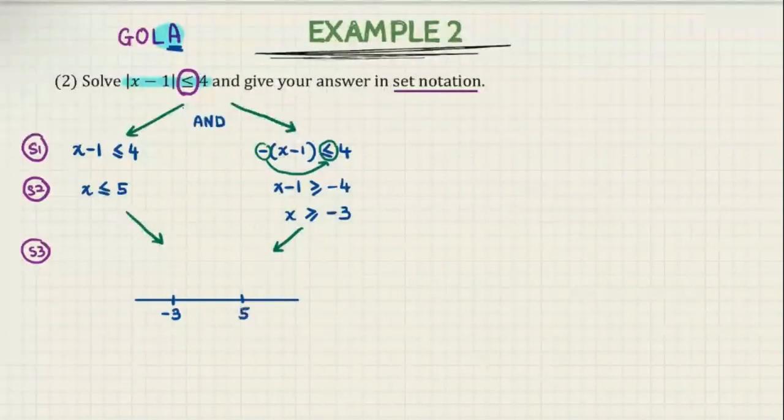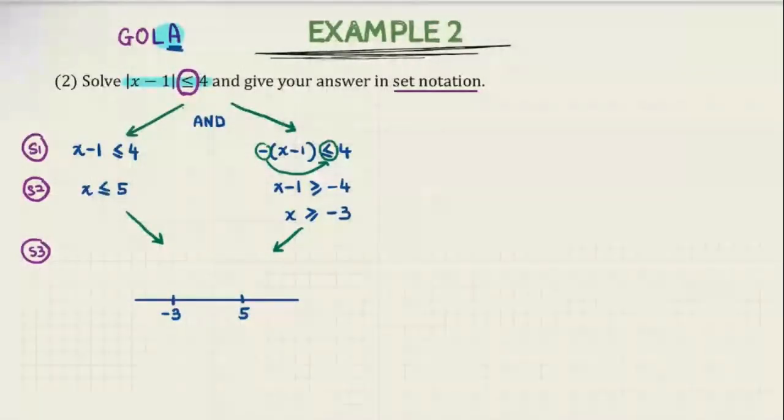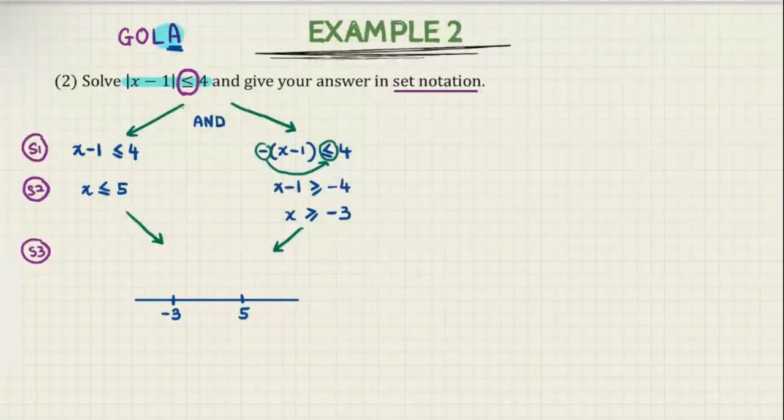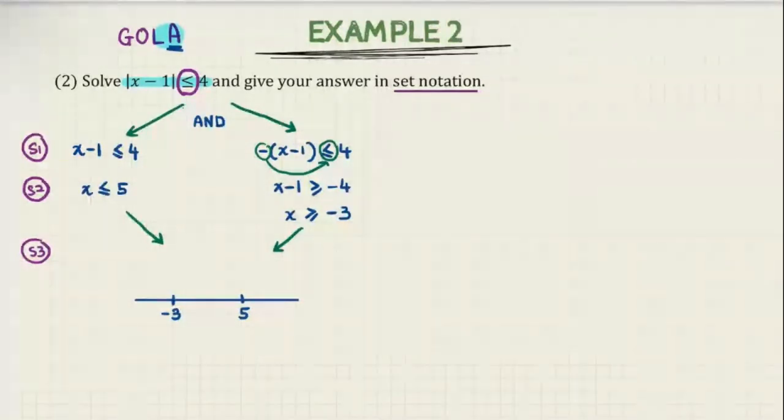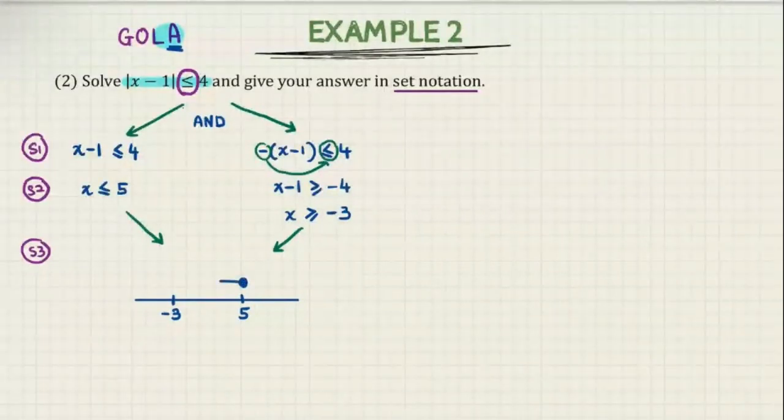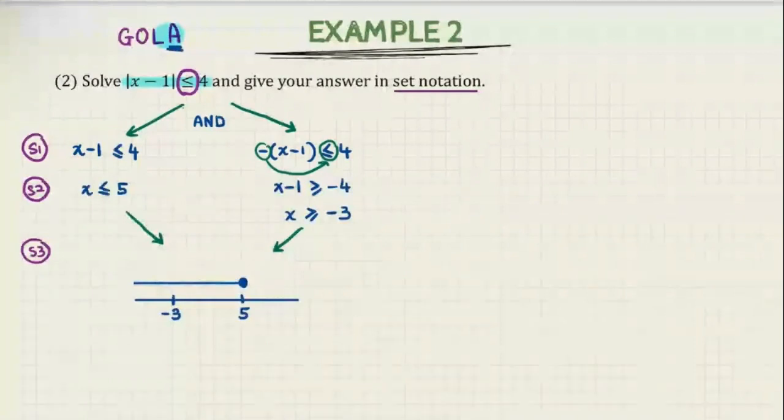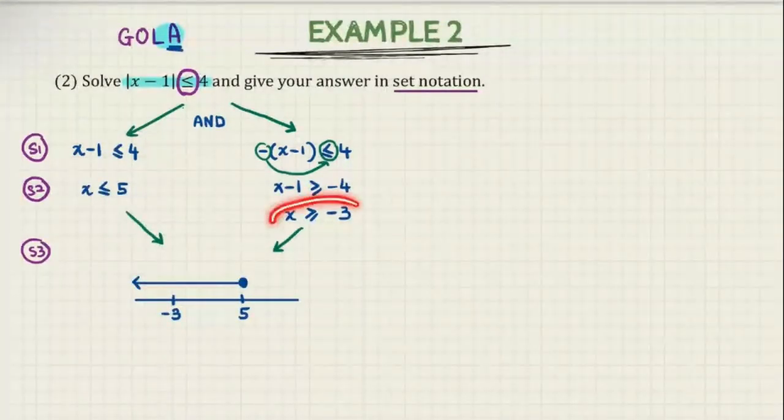And the biggest number will be on the right side, 5. So here, x less than or equals to 5. So less than or equals to 5. 5 full dot ke arah kiri. And untuk x greater than or equals to negative 3. So negative 3 full dot ke arah kanan.